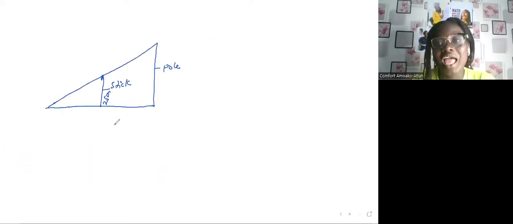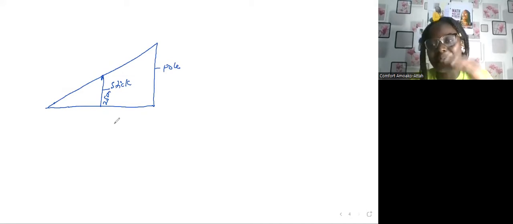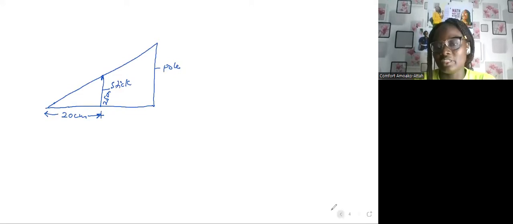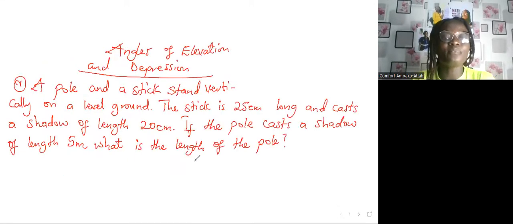You know, shadows are not formed upwards. Shadows are formed at the base. So we have the shadow forming over here, 20 centimeters long. So this is the shadow of the stick. This is our stick, and this stick is casting a shadow of 20 centimeters. What do we have again?